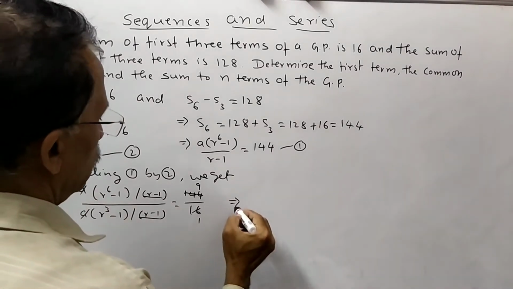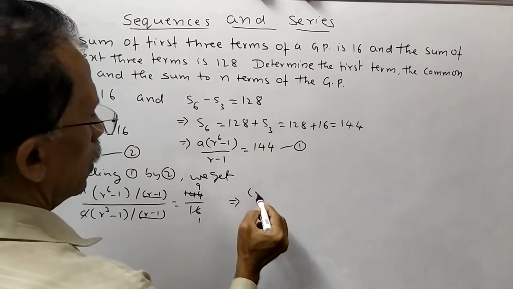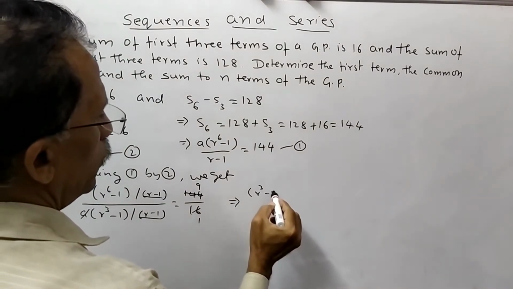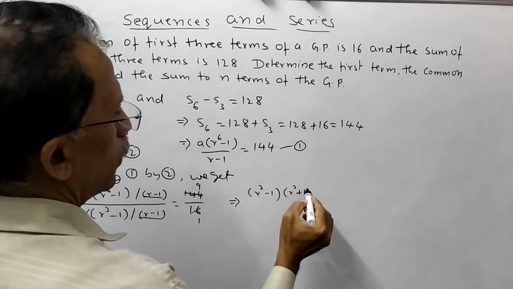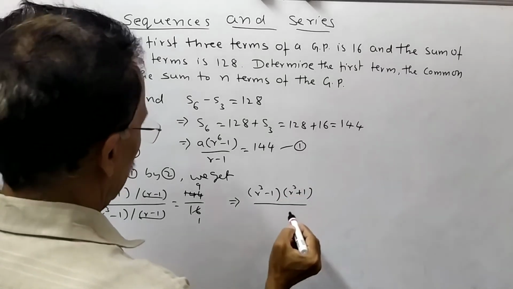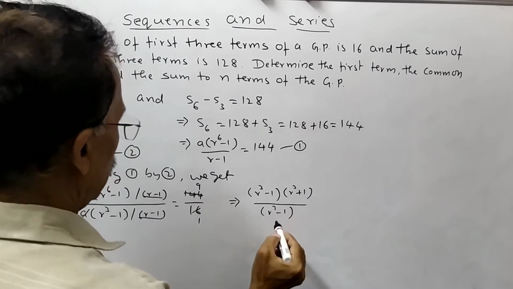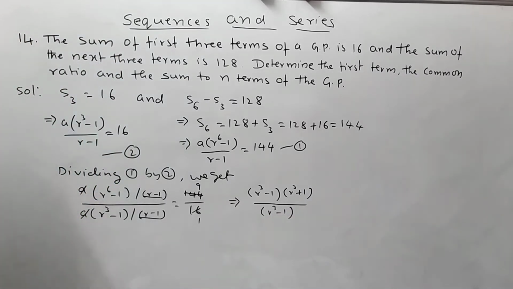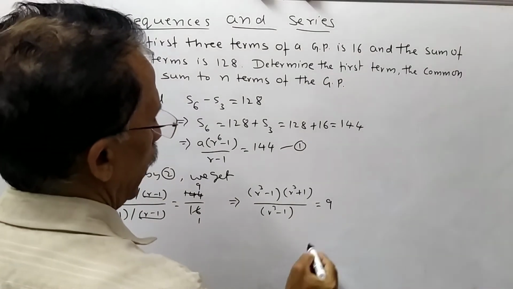This implies R raised to the power 6 minus 1 can be written as R cube minus 1 into R cube plus 1, divided by R cube minus 1, you can keep as it is, equal to 9.